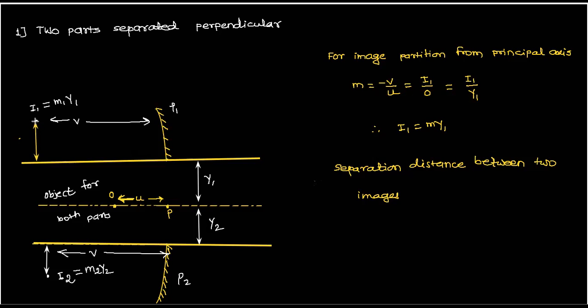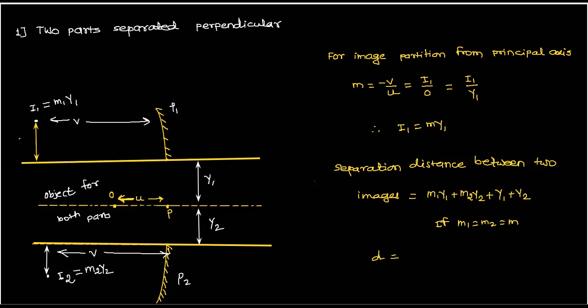So the total distance you have to just add: m1 y1 plus y1 plus y2 plus m2 y2. That is your total separation distance, equal to m1 y1 plus m2 y2 plus y1 plus y2. This is the separation distance between two images. Suppose if m1 is equal to m2 is equal to m, then what will we get?